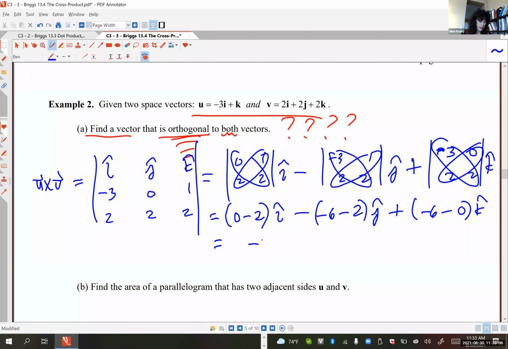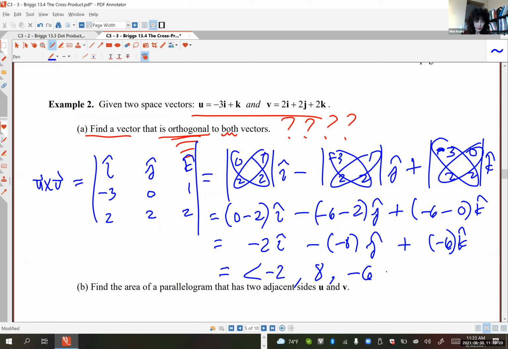And then, what do I get here? I'm going to put it in component form because it looks prettier: -2, 8, -6. And that is a vector orthogonal to both of the original vectors.